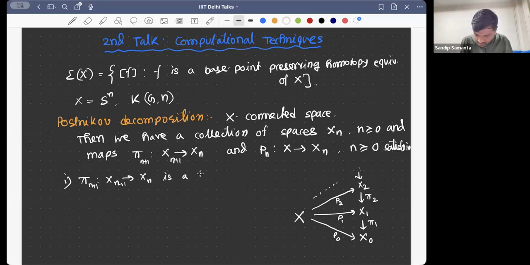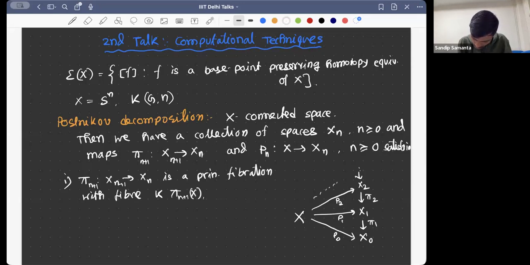Each of these is a principal fibration with n plus 1. So what does principal fibration mean?